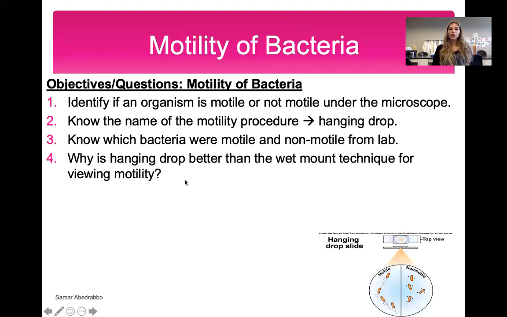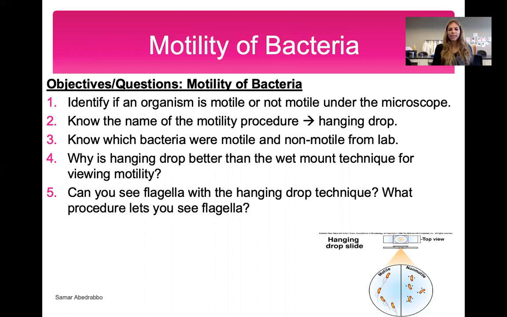For hanging drop, I have a question. For determining motility, I want everyone to know, is it better to do hanging drop technique or wet mount? Why or why not? So I discussed that. And in the hanging drop technique, I want everyone to know that we're only able to see motility. We're not actually looking at flagella.